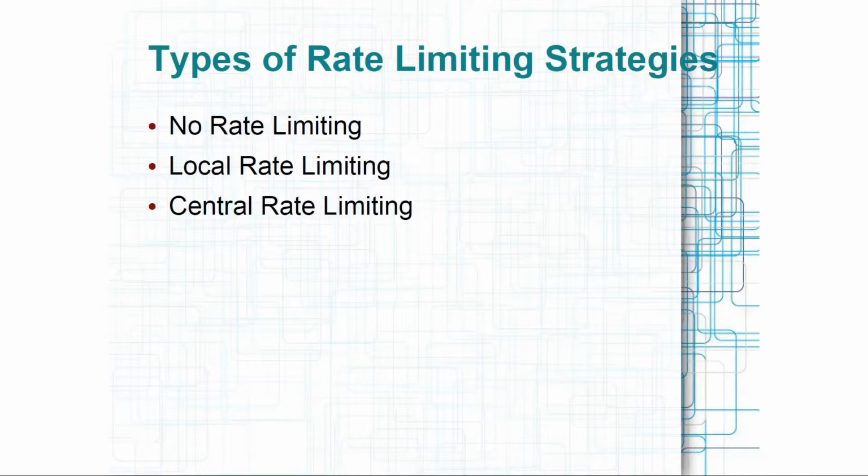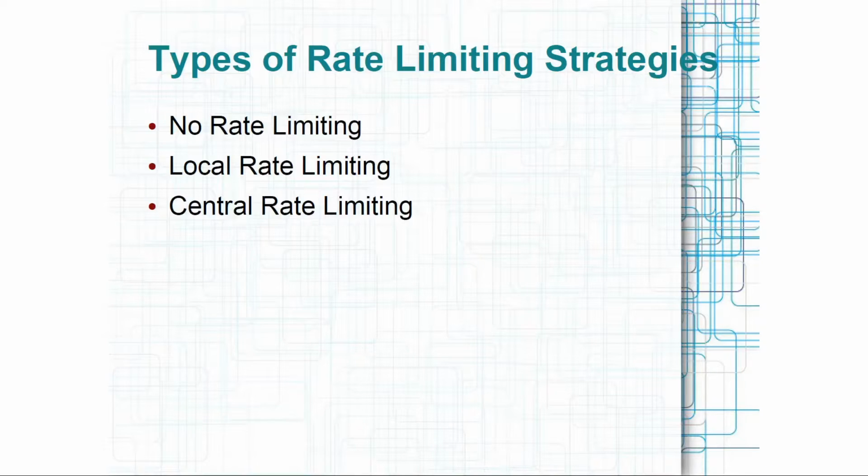Some organizations choose to have a central rate limiting service or a central rate limiting server which has a quota for the number of requests that can hit all the servers at a time. So these are the three basic ways you can divide rate limiting strategies.